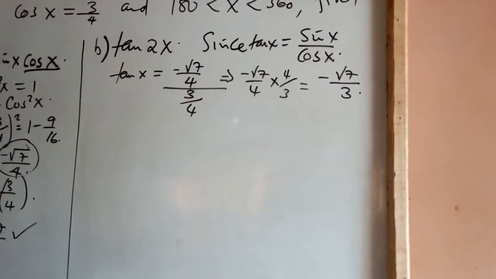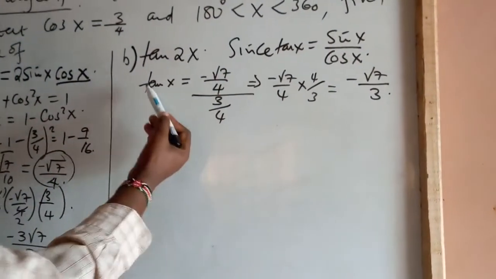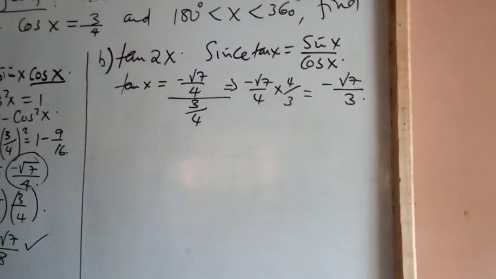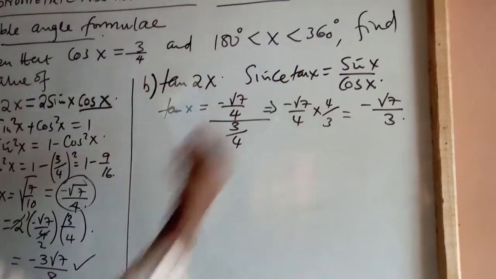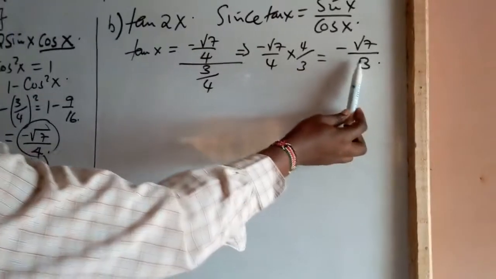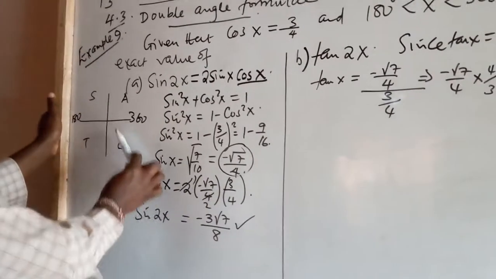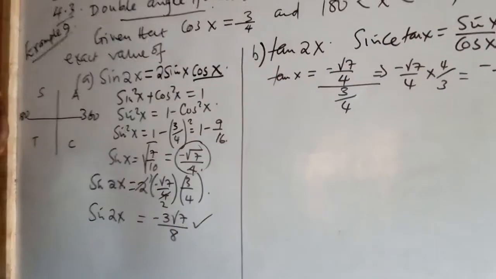Since our tangent of x is negative root 7 over 3, and originally we were told that our angle is between 180 and 360, in the third or fourth quadrant, this answer already confirms that our x is in the fourth quadrant because our tangent is negative.